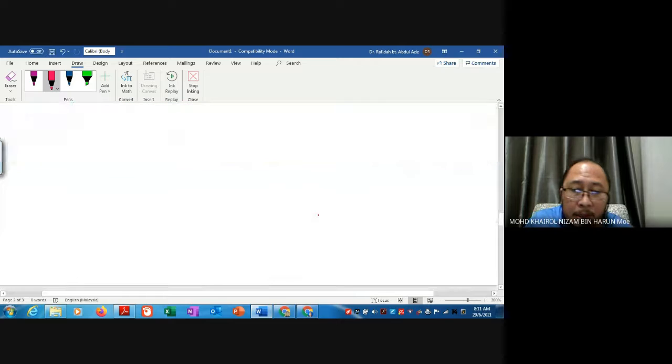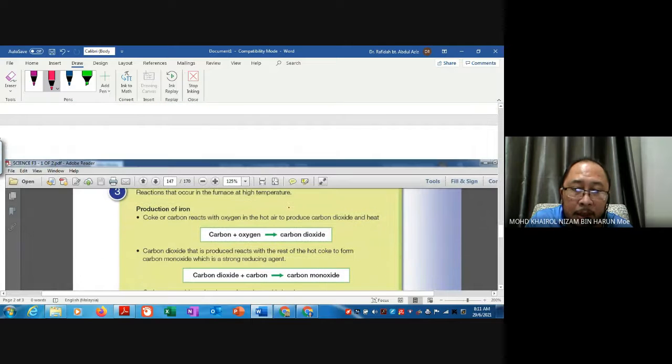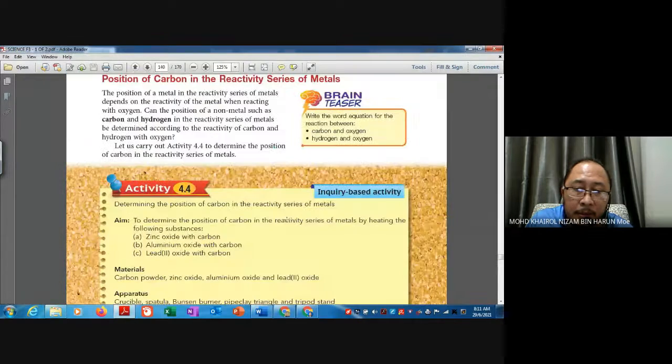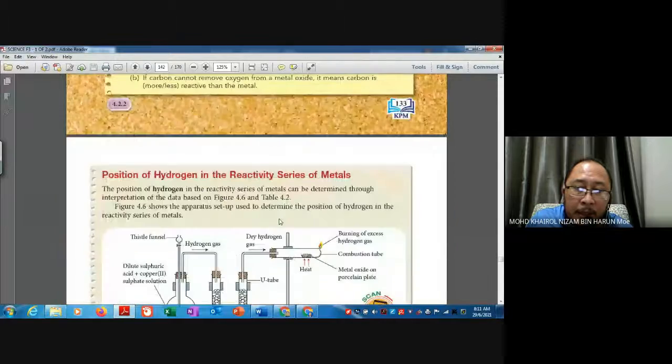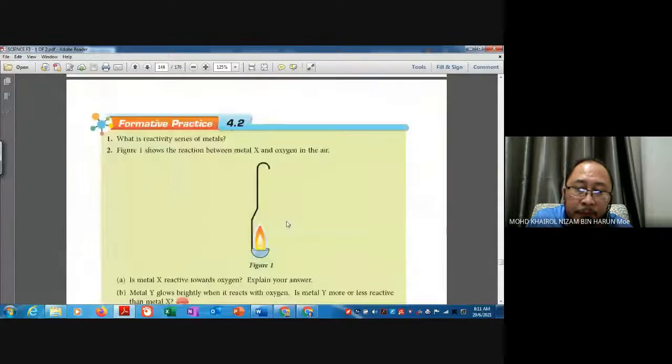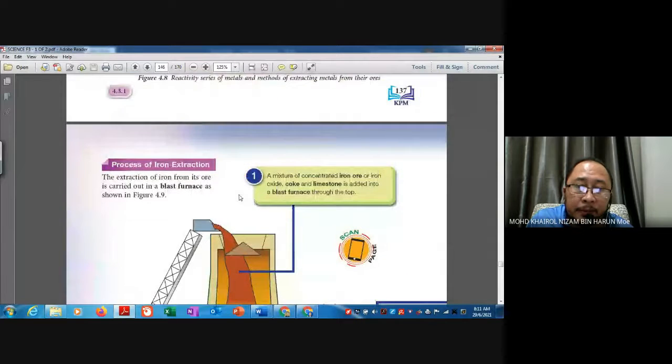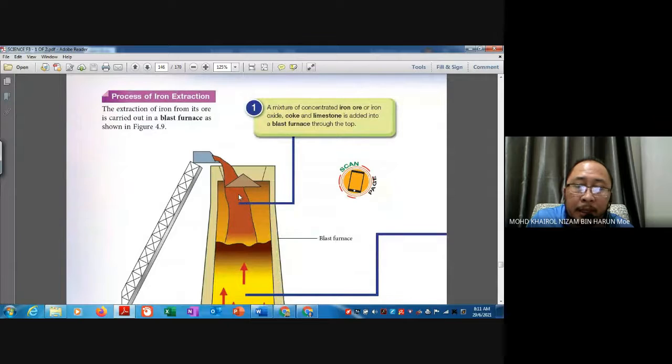Okay, so in your syllabus, we are discussing how to extract iron. Process of iron extraction. Okay, so in industry, the extraction of iron from its ore is carried out in a blast furnace as shown in the figure.